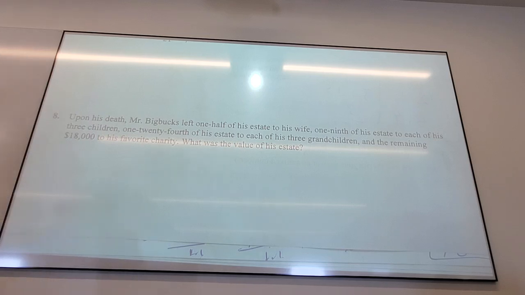So you basically change it all into 24ths. At the end, if you collect all of the fractional parts of this problem, it kind of makes sense because the last fraction is 1/24. The LCD could be 24.